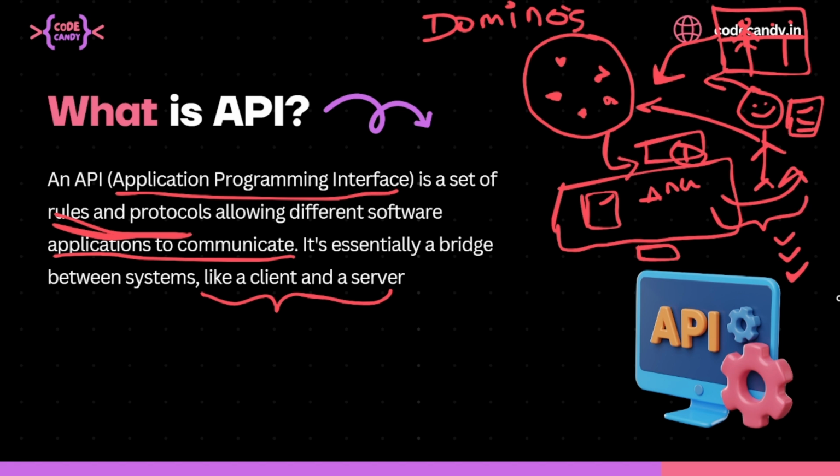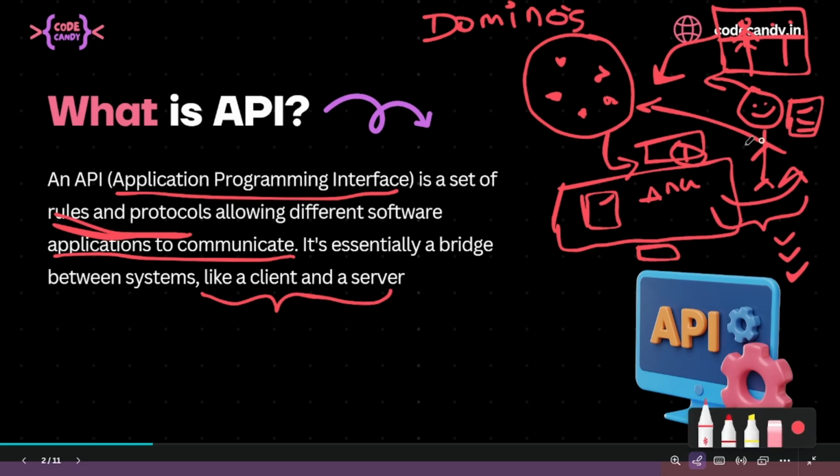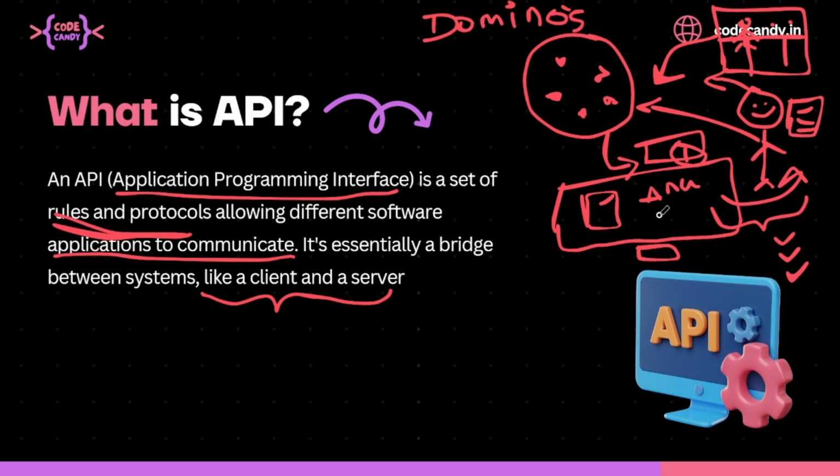See, now here I am the client. Server is the chef. Who is the bridge? Waiter who takes the order. Right? In this way, API is also a waiter who takes orders from the client and he will take all the rules and protocols.